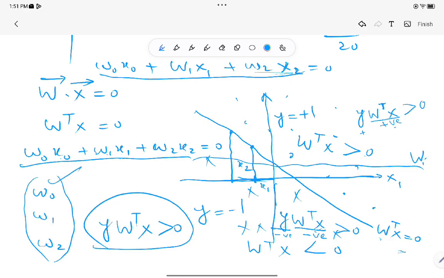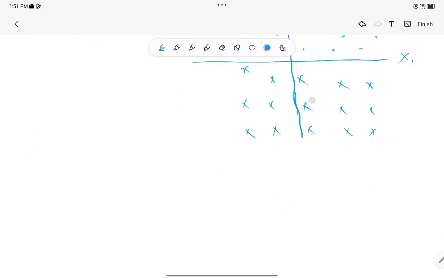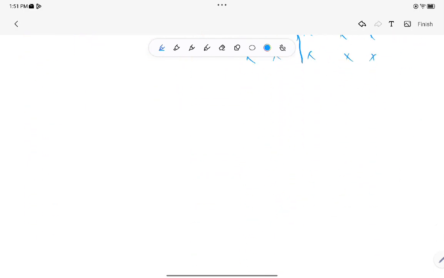Now I will have to draw it separately here. So this x1, x2.